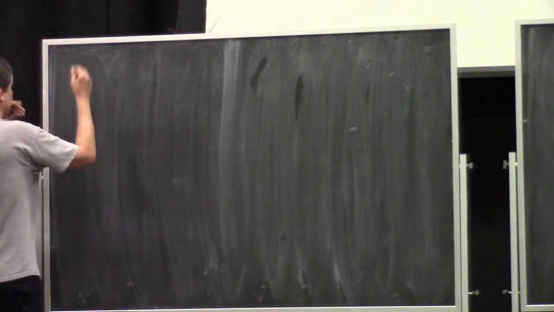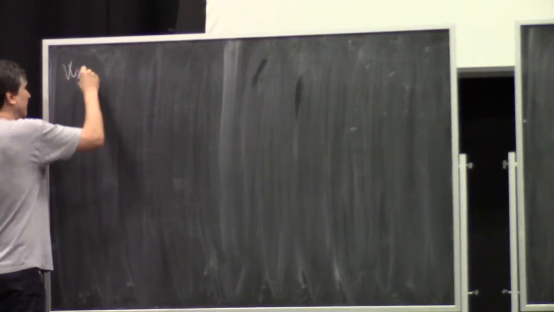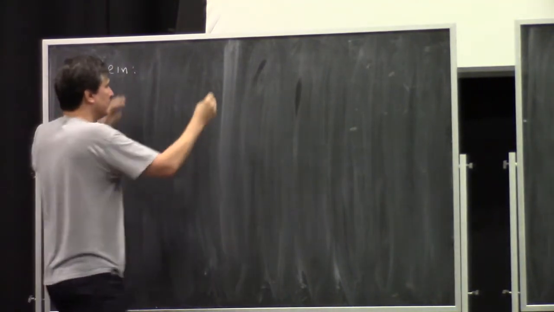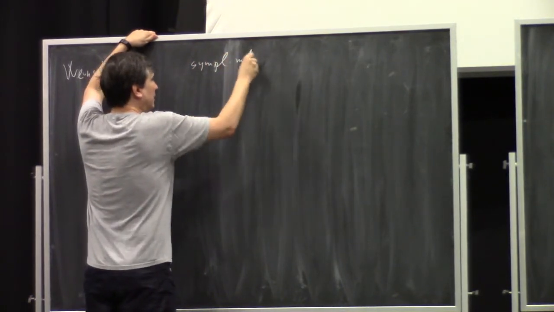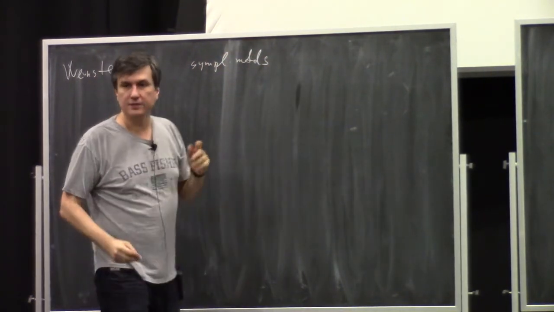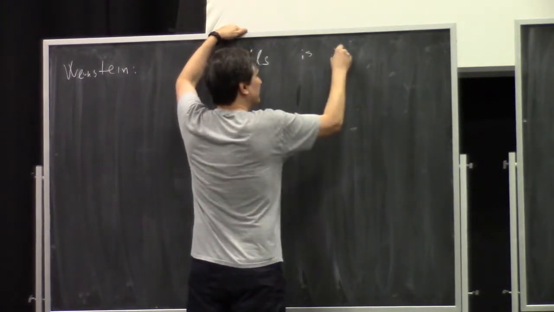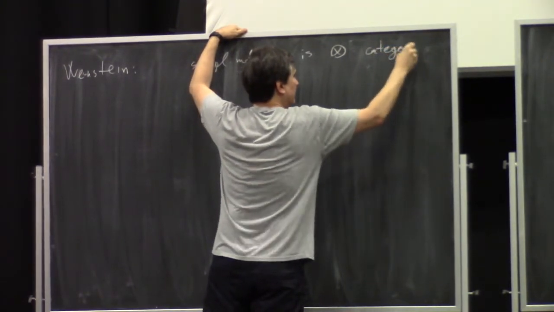First of all, let me recall to you this idea of Alan Weinstein. The idea is that if you consider symplectic manifolds, they should form a symmetric monoidal category, a tensor category.